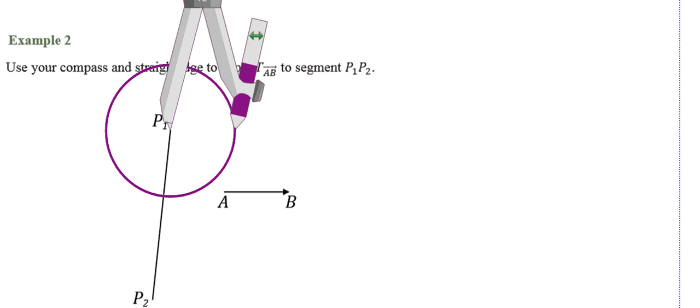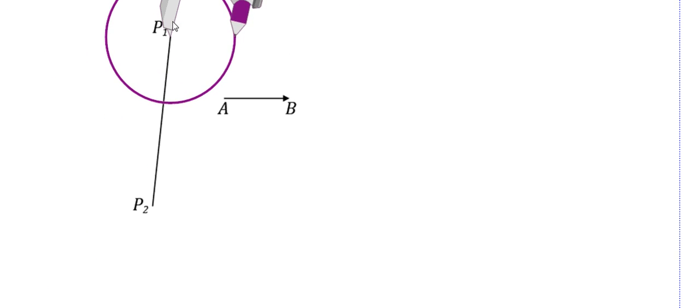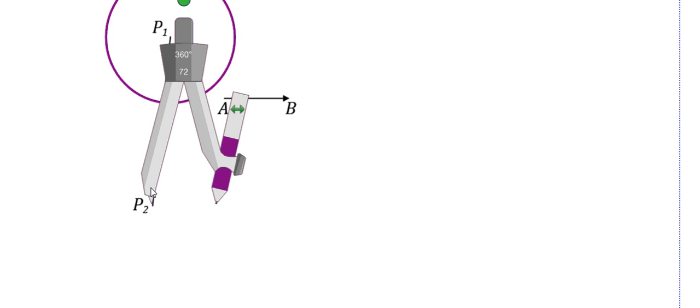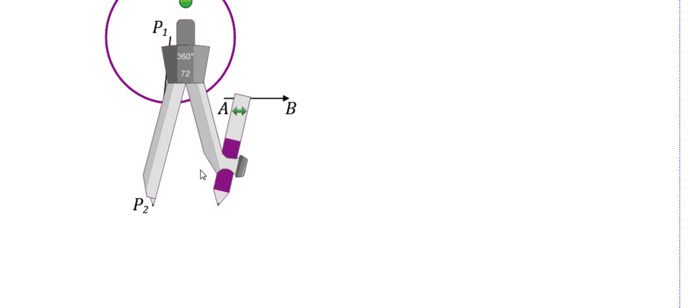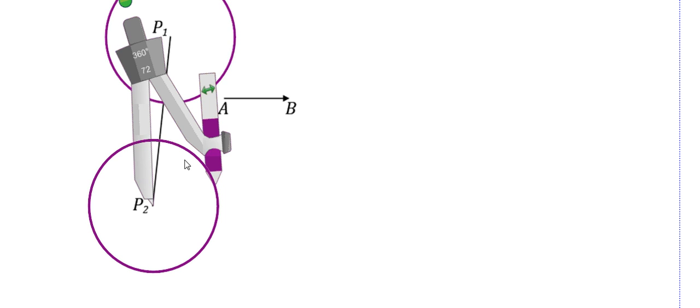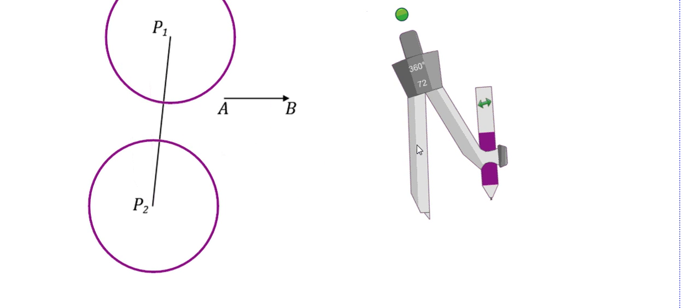And then I'm going to move my compass down to the second endpoint and repeat. Do exactly the same thing. What that tells me is every point on those purple circles is the same distance away from those endpoints as vector AB is long.